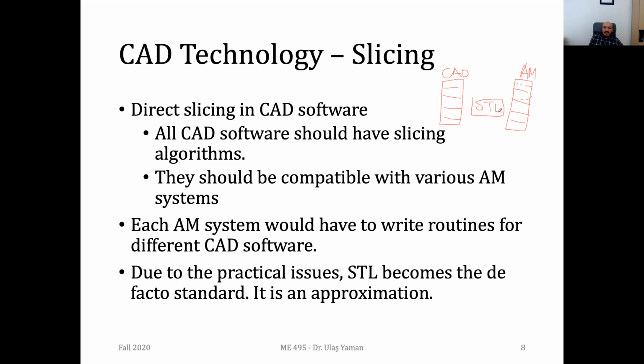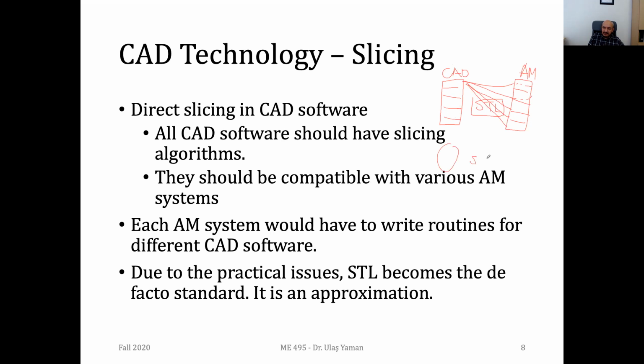So if we didn't have an STL, an intermediate file format, what we should have done is that for each CAD software, we would need to write a post-processor for all these additive manufacturing machines. But once we have an STL, it's much easier.